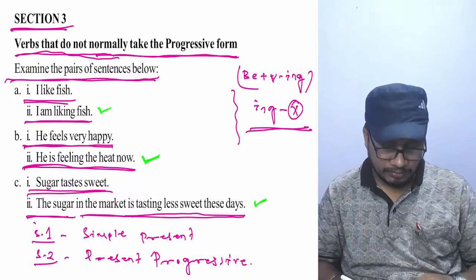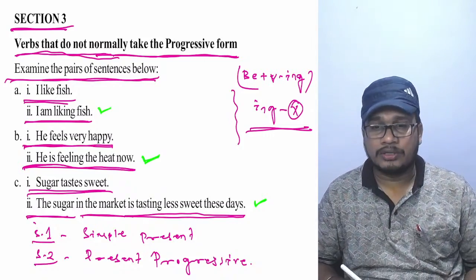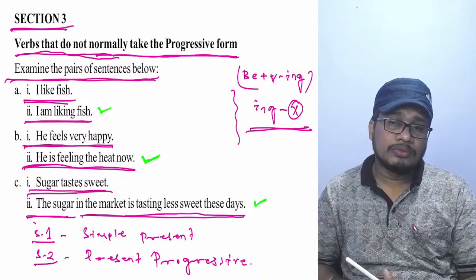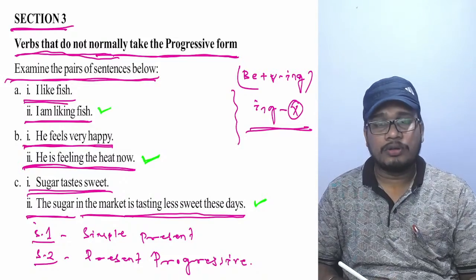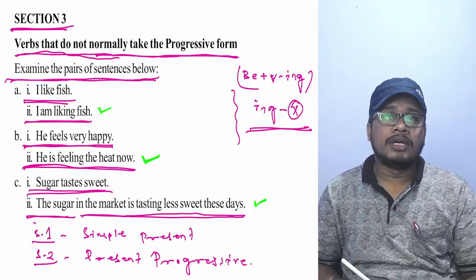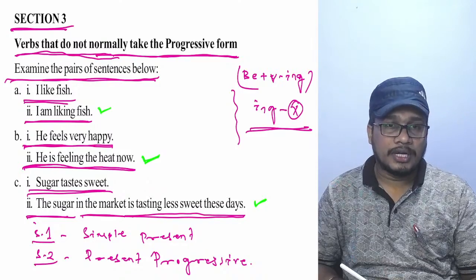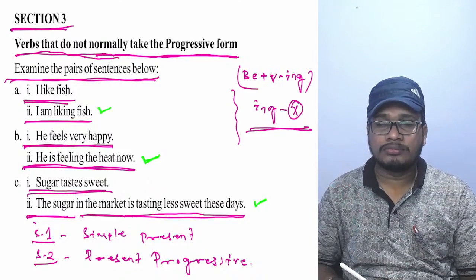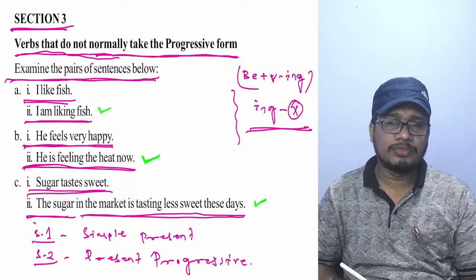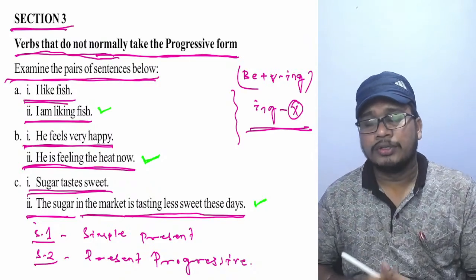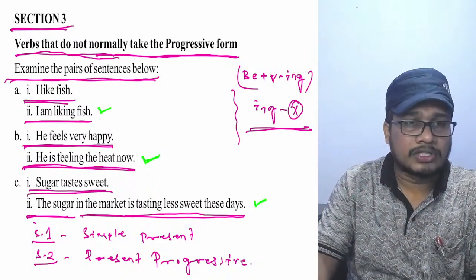In progressive form, the verb usually shows an action, but the verbs which do not take the progressive form usually show a state or condition of an object or anything rather than any action.